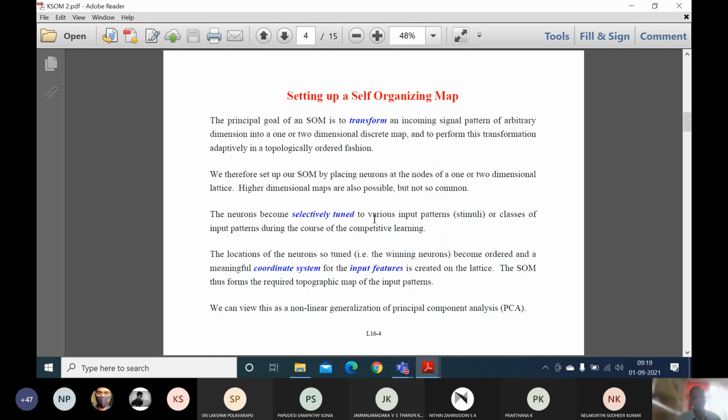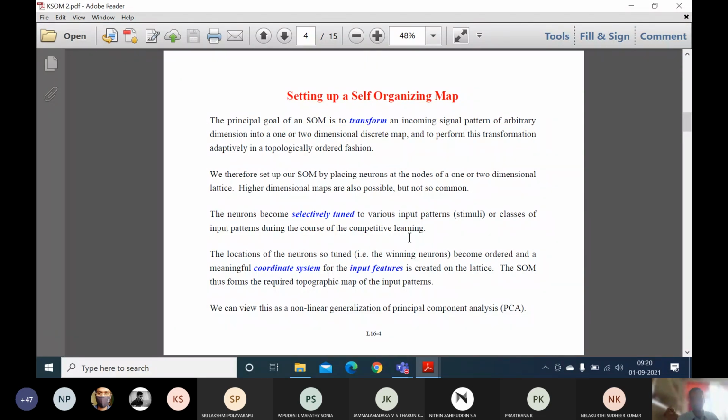We are not utilizing those. The next one is that the neurons become selectively tuned to various input patterns or classes of input patterns during the course of competitive learning. Selectively tuned means that, based on the commonality of features, the neurons automatically tune themselves to whatever inputs I supply, and they segregate themselves into various classes of information.